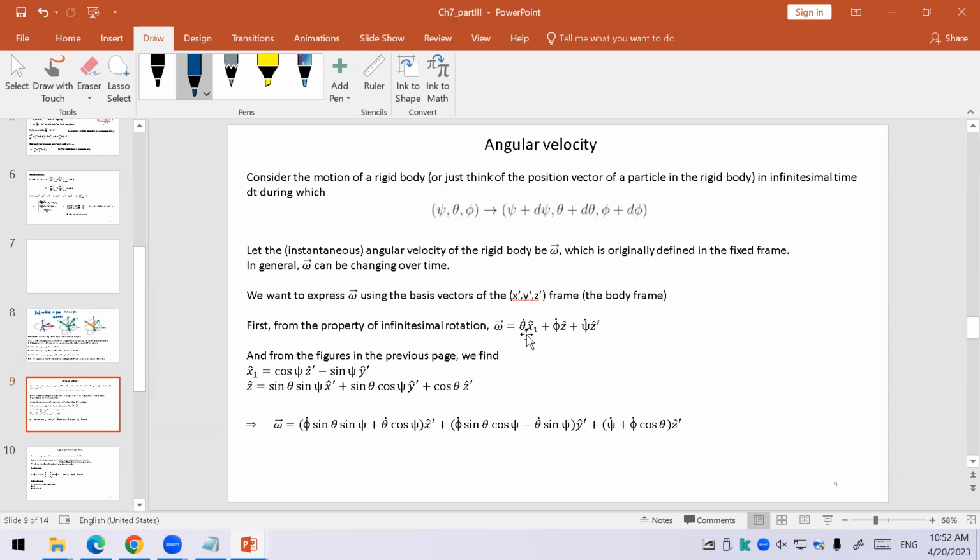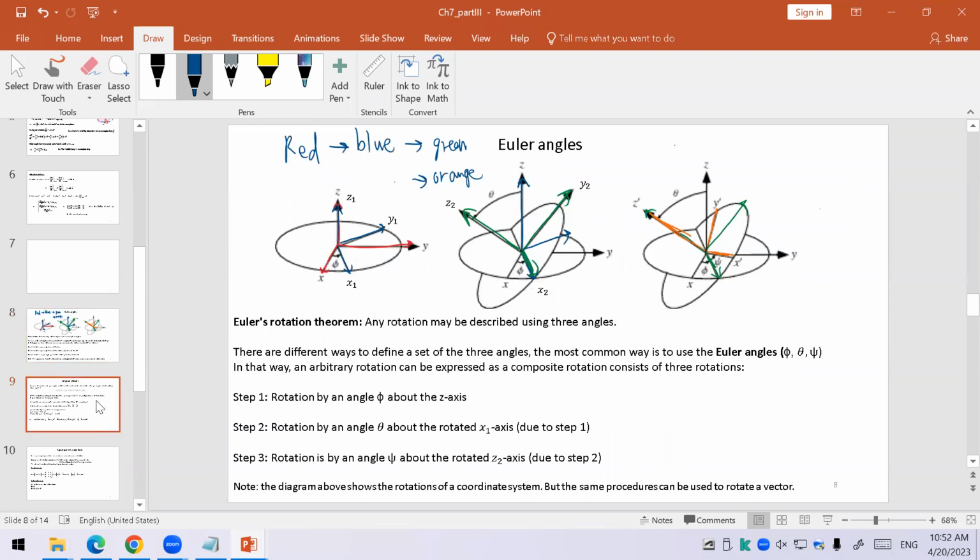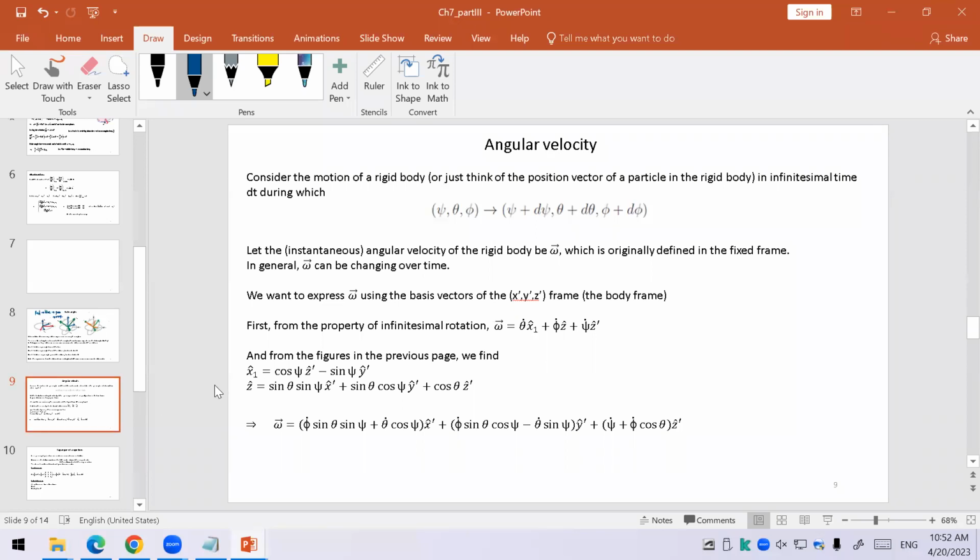And in fact, well, you can see that these three are actually not perpendicular to each other. Okay, but that's okay. You can still write your angular velocity vector in this way. And in fact, just from the geometry in this page, you can express this x1 and this z in terms of the x prime, y prime, and z prime.